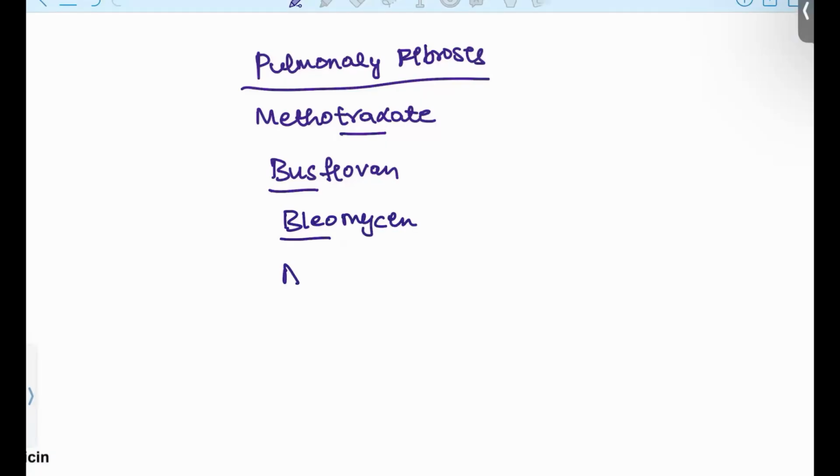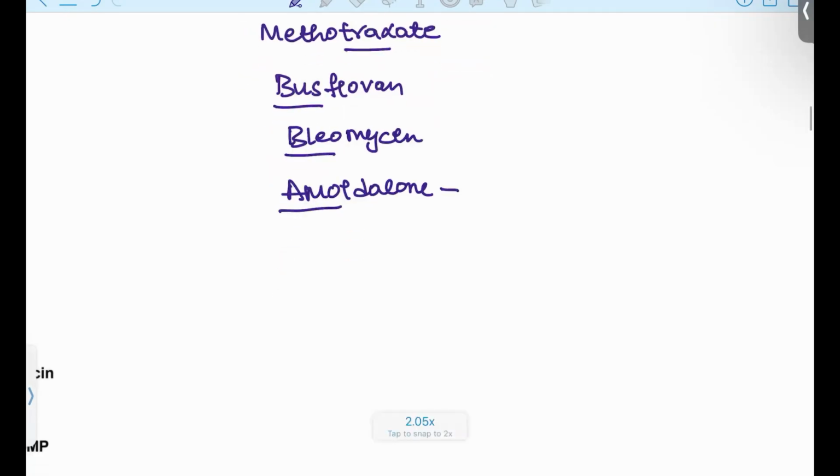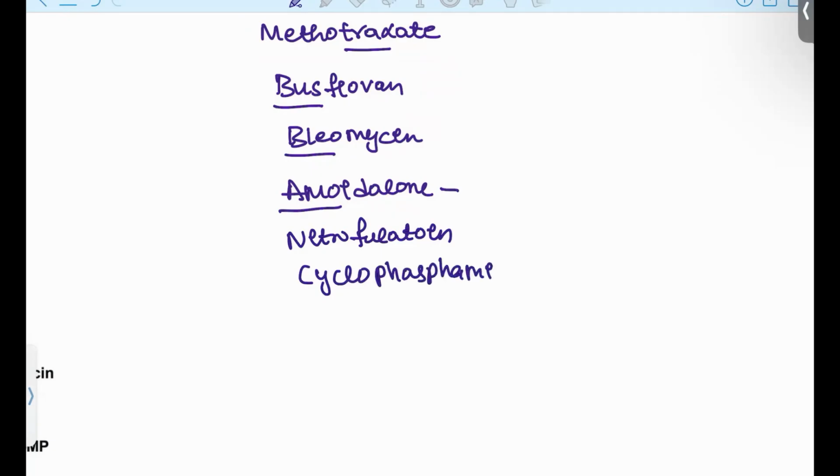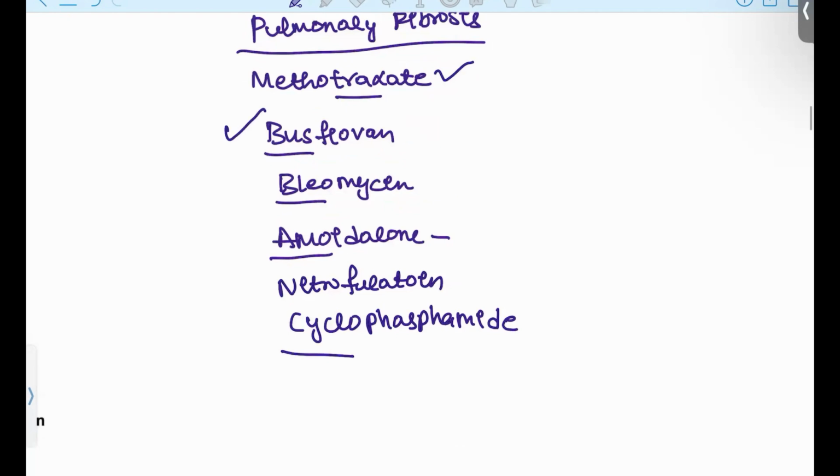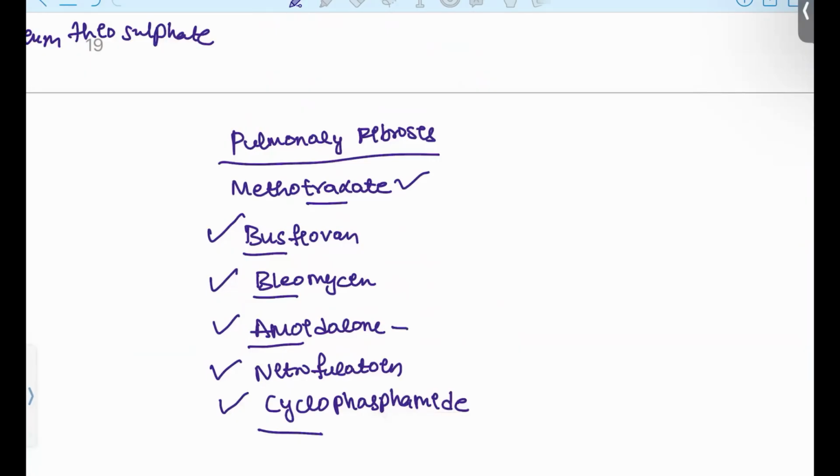And next amiodarone, some kind of car. And next nitrofurantoin, cyclophosphamide. These drugs, methotrexate, busulfan, bleomycin, amiodarone, nitrofurantoin and cyclophosphamide, all are going to cause pulmonary fibrosis.